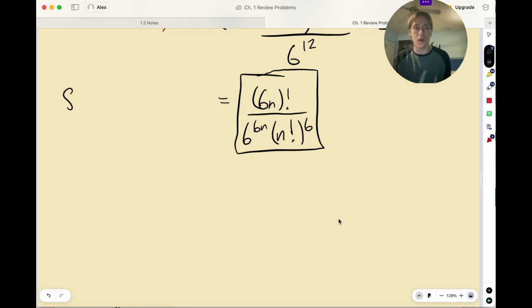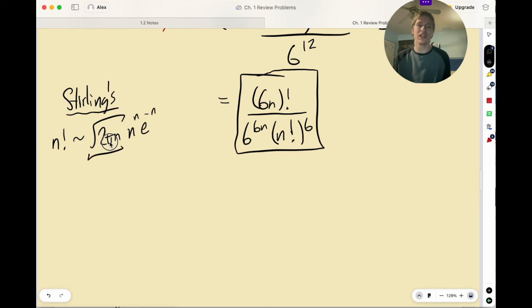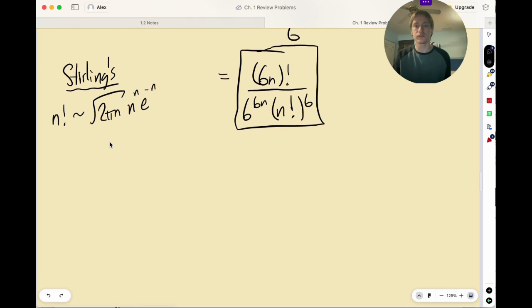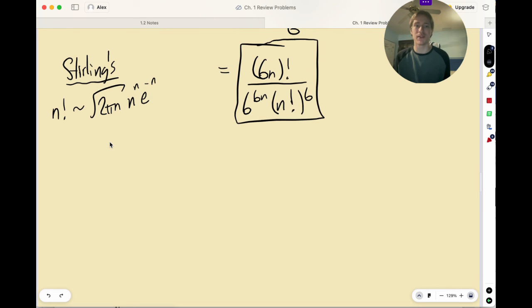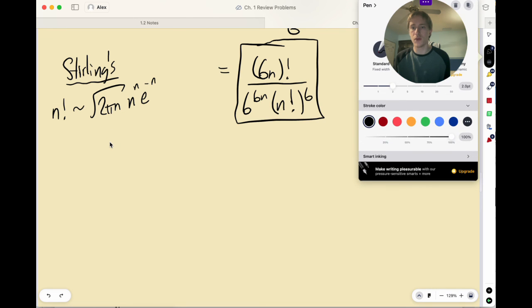So if you'll recall, Stirling's approximation said that we can approximate n factorial as the square root of 2 pi n, n to the n, e to the minus n. Really, this first term is not so important, but we might as well just include it. For large enough n, it isn't going to matter. But let's go ahead and approximate.